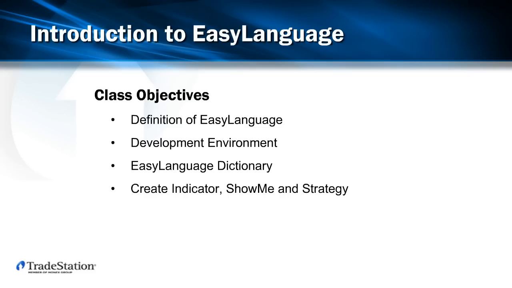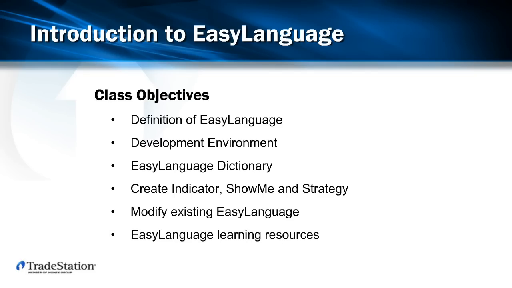And we'll go over some grammar and some punctuation that is important in EasyLanguage. We'll also show you how you can modify some of the built-in analysis techniques and strategies that are already written in EasyLanguage. And finally, we'll show you where you can get help and additional information and how you can continue your journey of learning EasyLanguage.